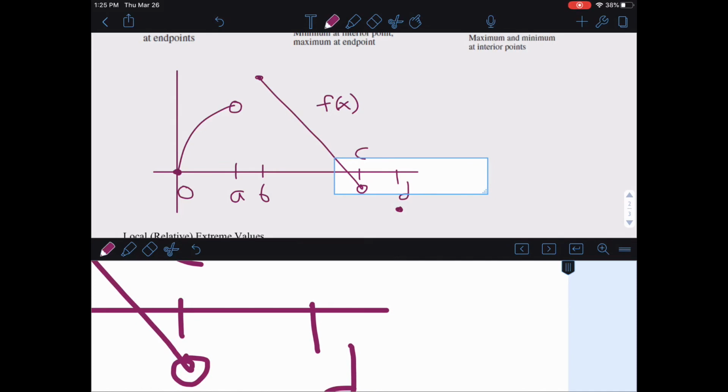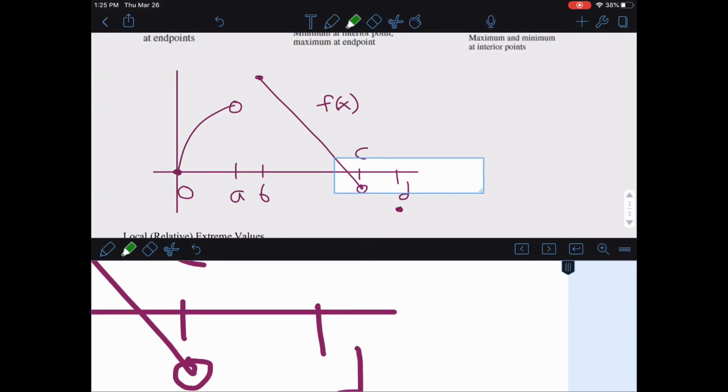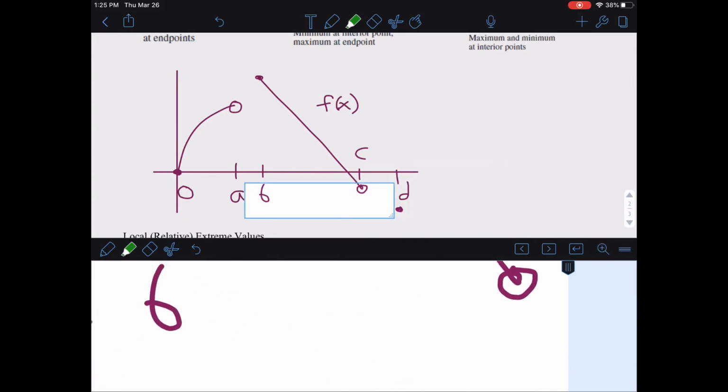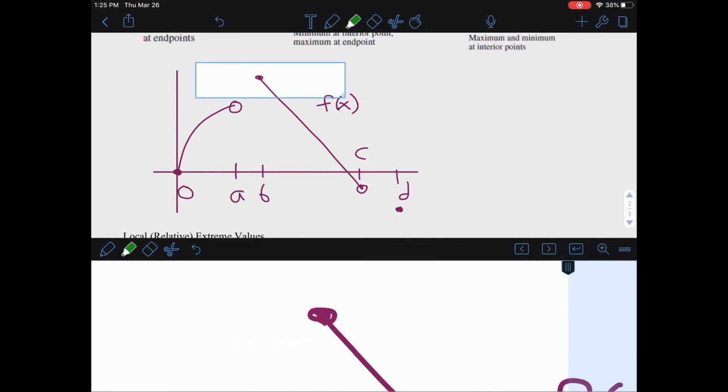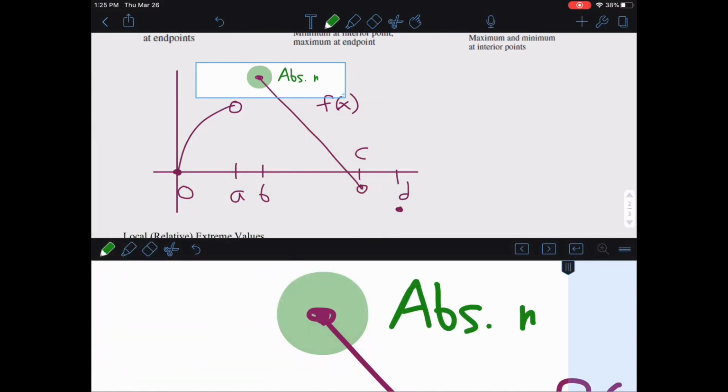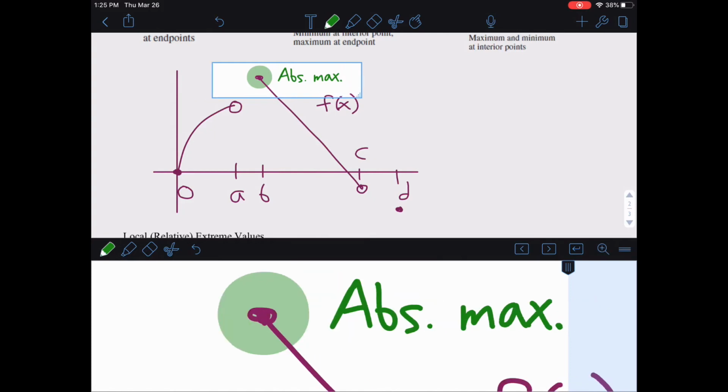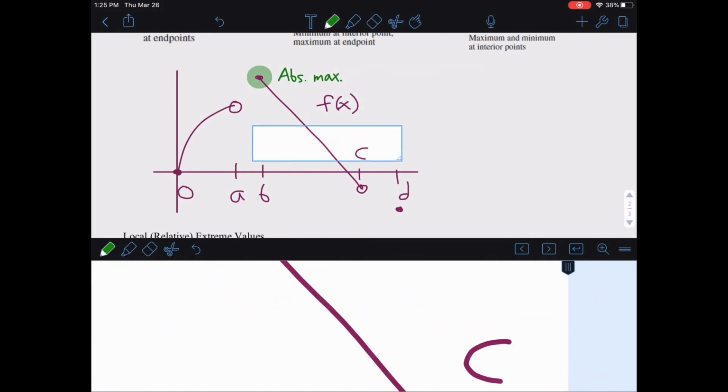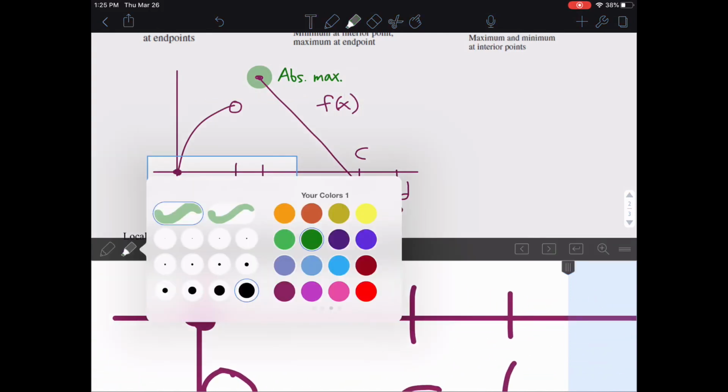But does this graph have an absolute max and an absolute min? Yes, it does. The absolute maximum occurs right here at x equals a. That is the absolute maximum value up there. Absolute minimum value, is it at 0?